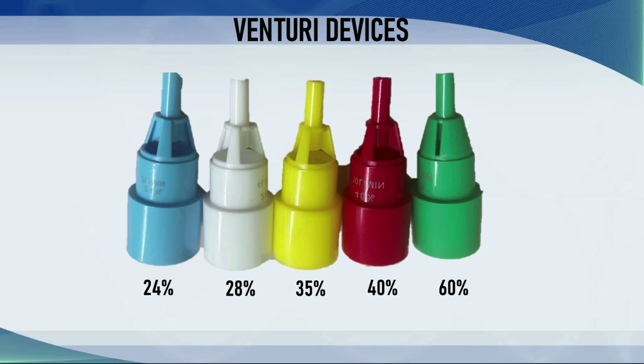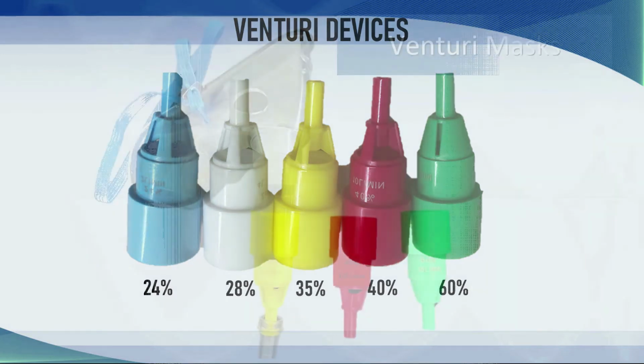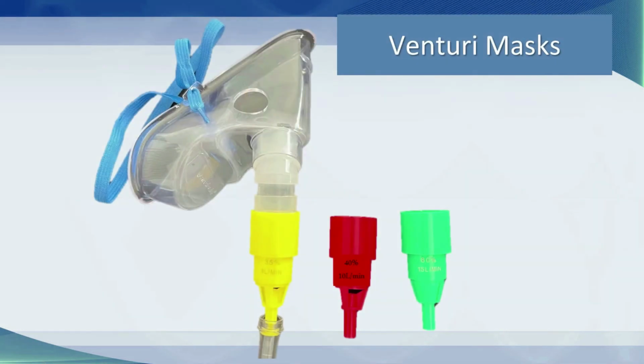So if you use this, you're targeting 24% oxygen delivery to the patient. The white one is 28%. Yellow 35%, red 40%, and green 60%. If you look carefully at the rim of the Venturi, you will see that it identifies the potential FiO2 and instructs you as to the fresh gas flow required to achieve that concentration.